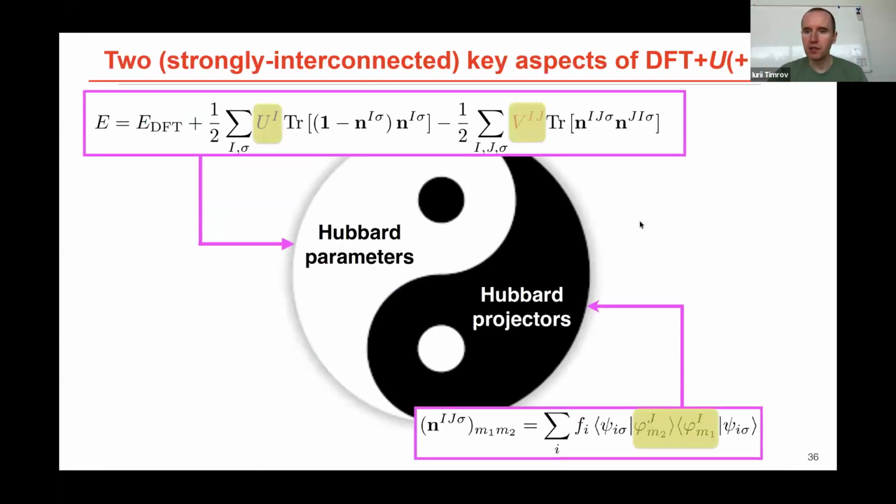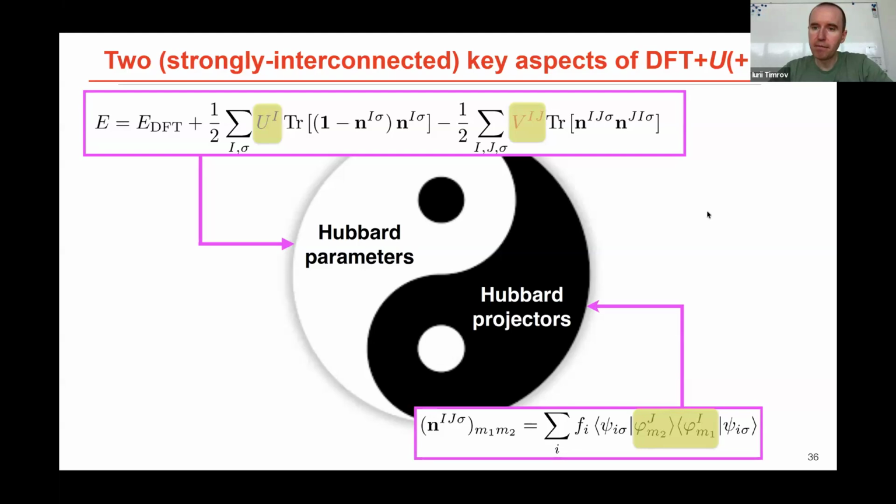And then there was another question. Is there any relation between U and some experimental parameters? If yes, how could someone get a value close to the experimental one? At the beginning, people tried to make a link between Hubbard U and some experimentally measurable quantities, basically from atomic physics.